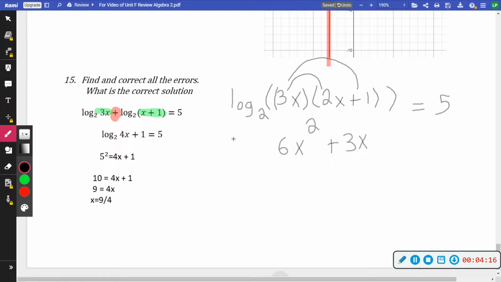And this was going to combine in the log of 2. And that's still going to equal 5. So when I write this out, this is going to be 2 to the 5th, when I change to exponential. 2 to the 5th is 6x squared plus 3.